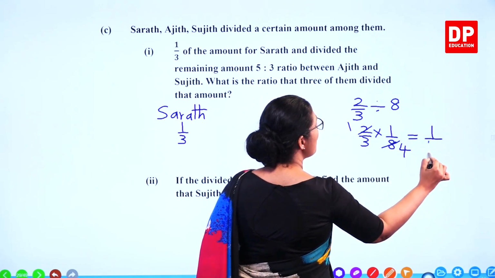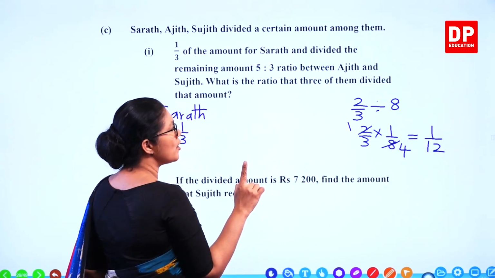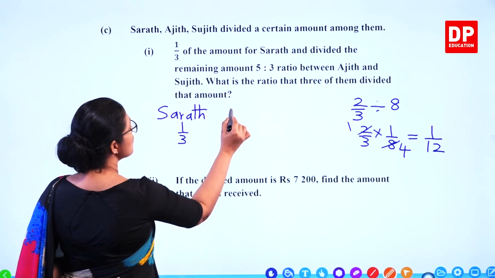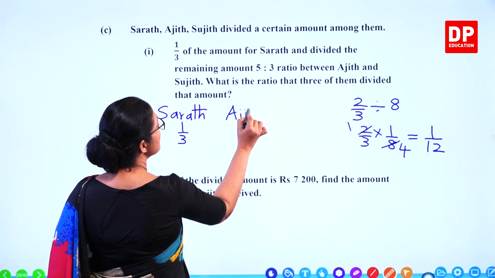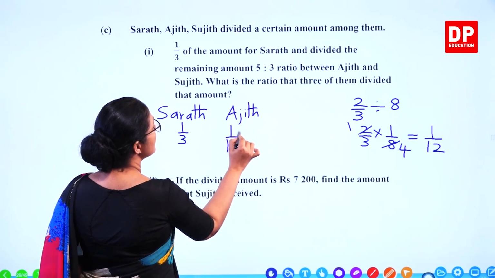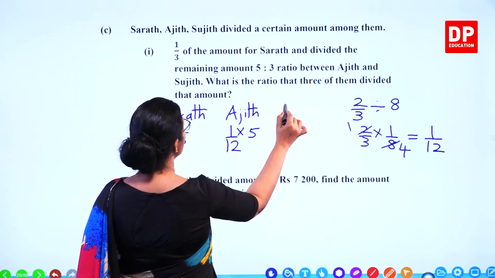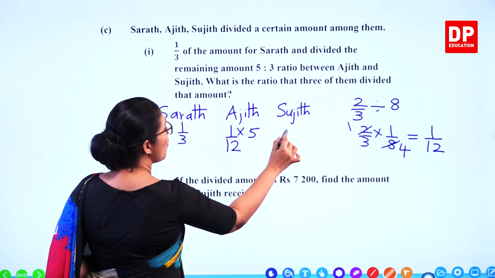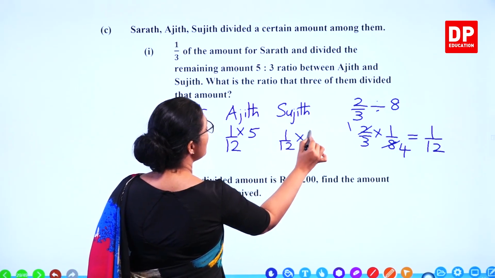Divide by 8 means multiply by 1/8. 1 over 12 parts. Out of 1 over 12, Ajit gets 5 parts. So what's Ajit's part? 1 over 12 into 5. So what's Sujit's part? 1 over 12 into 3.